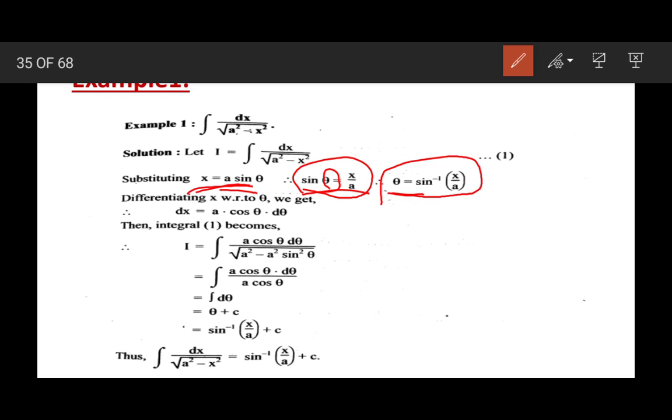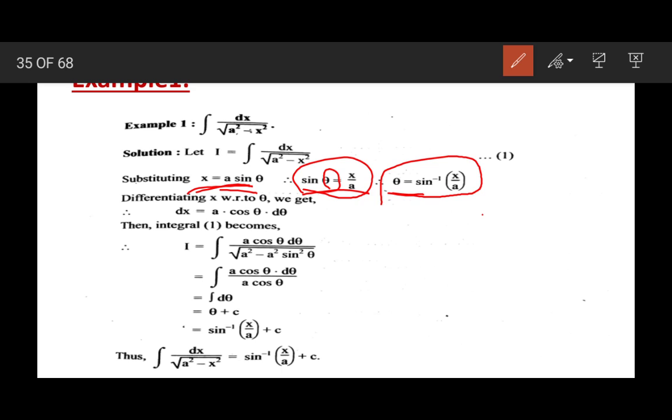Okay, now I am going to differentiate this with respect to x. Now I am differentiating x with respect to theta. So what will I get? dx is equal to a cos theta d theta, right?